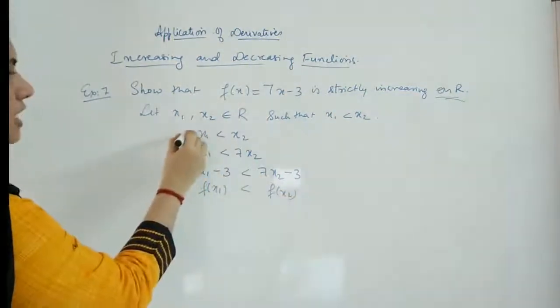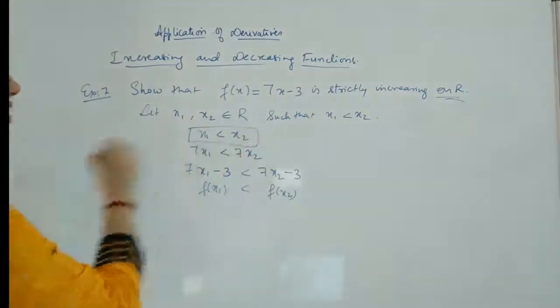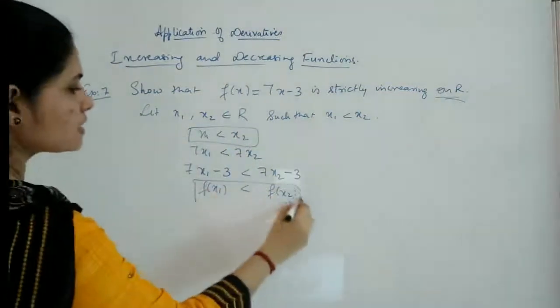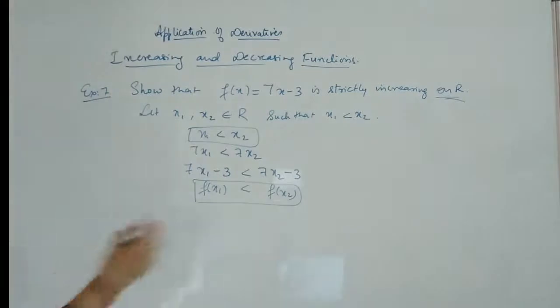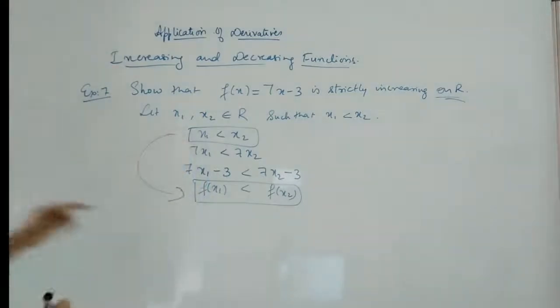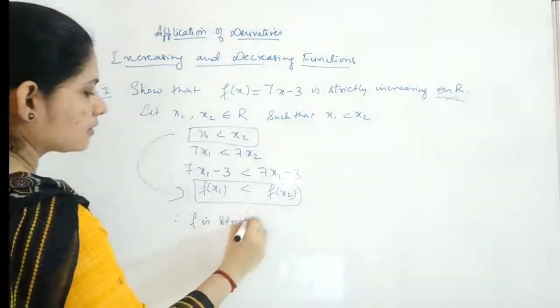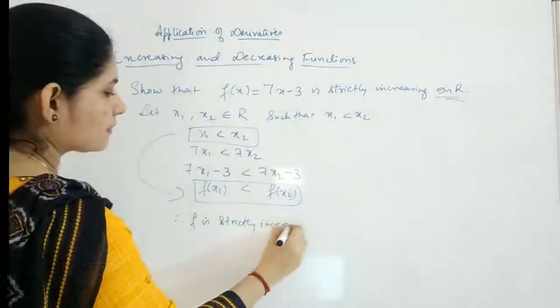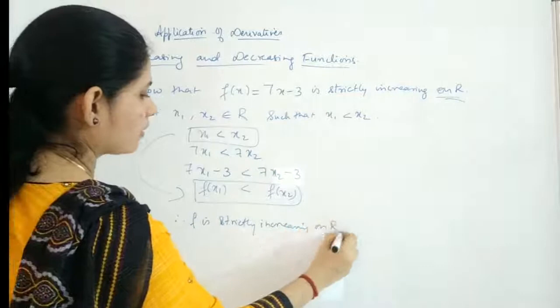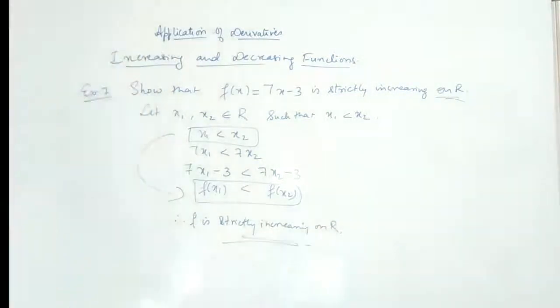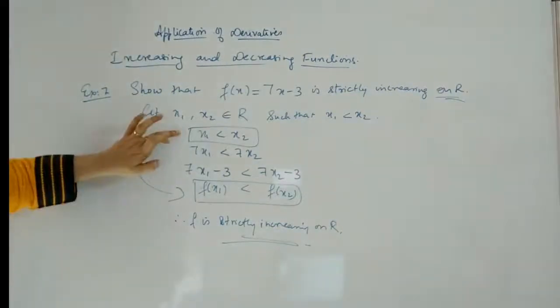So you started from x1 is less than x2 and you reached f of x1 is less than f of x2. So you can say that the function is strictly increasing on R. Understood how to proceed in that manner?